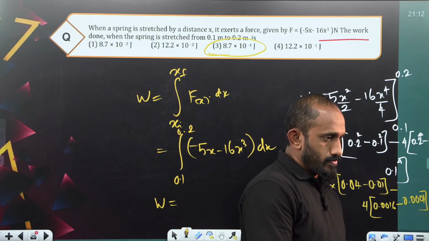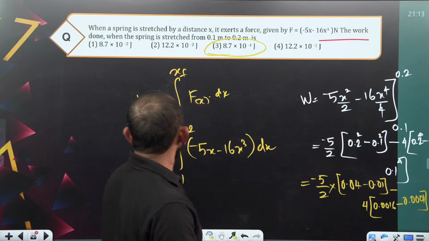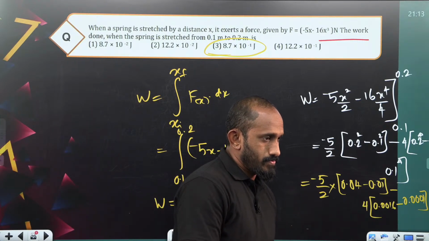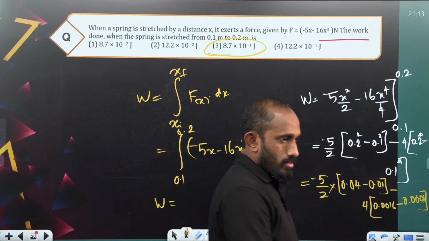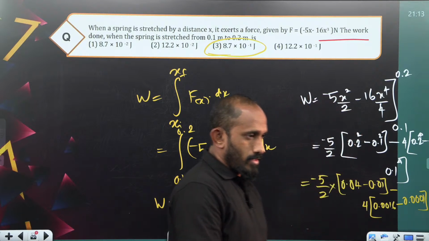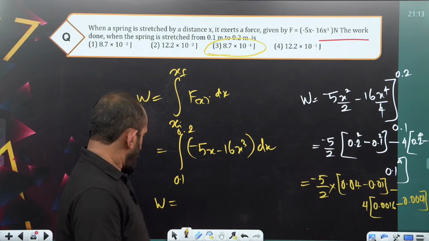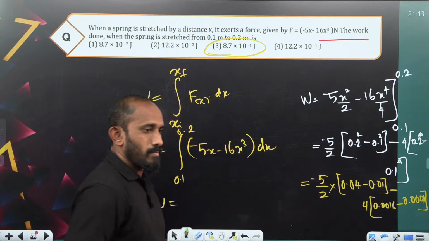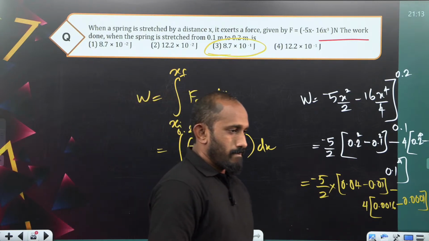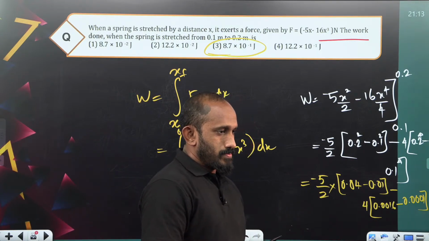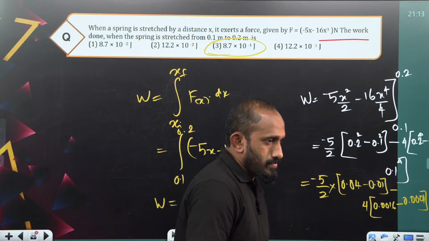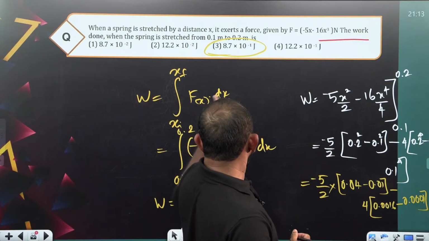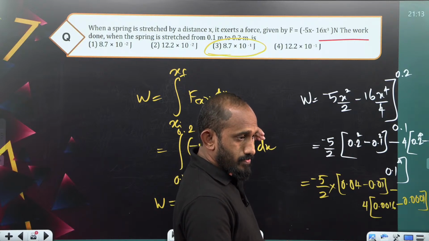Is it? The options. So minus 5 by 2. So for this equation you have to use integral f of x dx.